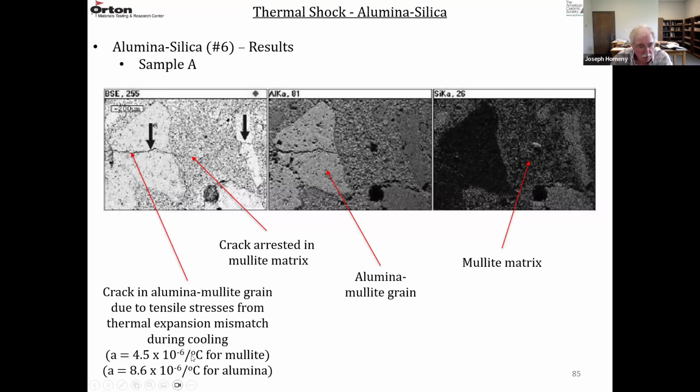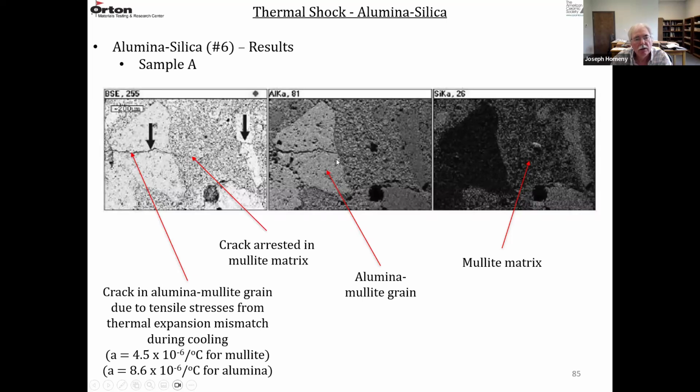Mullite has a pretty low thermal expansion, 4.5 times 10 to the minus 6. Alumina has a much higher thermal expansion, about twice mullite, 8.6 times 10 to the minus 6. So the alumina upon cooling is shrinking a lot more than the matrix, so it puts it in tension and these cracks result. The crack grows and then it's arrested in the mullite matrix right there.